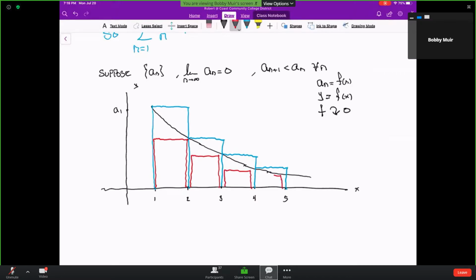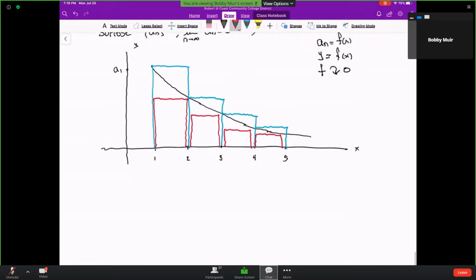Here's going to be our experiment. Suppose that the integral from 1 to infinity of f of x dx converges.